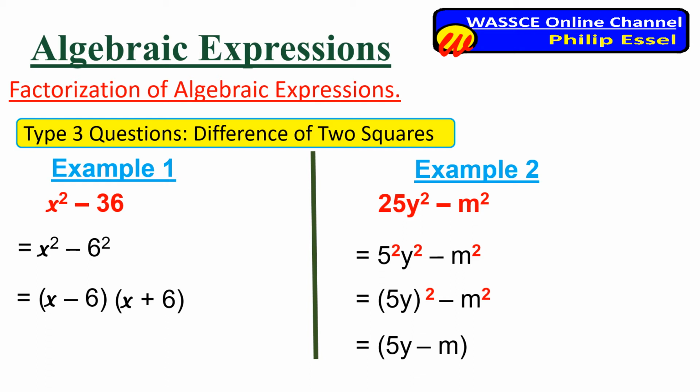Then we would multiply this by the sum of the two items, the sum of the 5y and the m. So multiplied by all in brackets 5y plus m. So that should be our final answer when you factorize the algebraic expression 25y squared minus m squared.